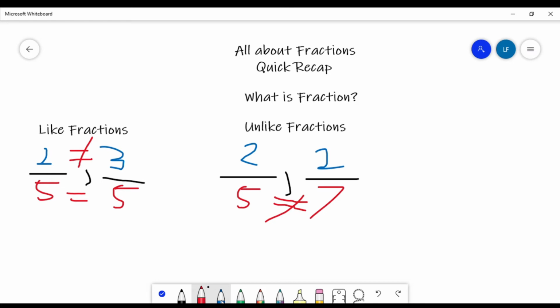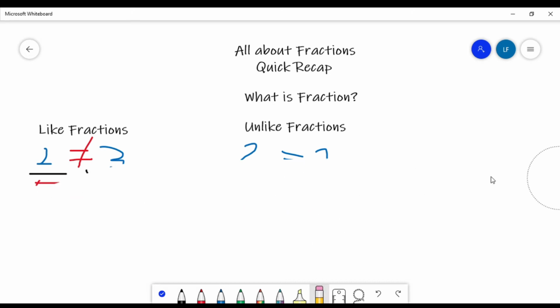Even though the numerators equal each other, they are known as unlike fractions. Let's just do a quick erase.